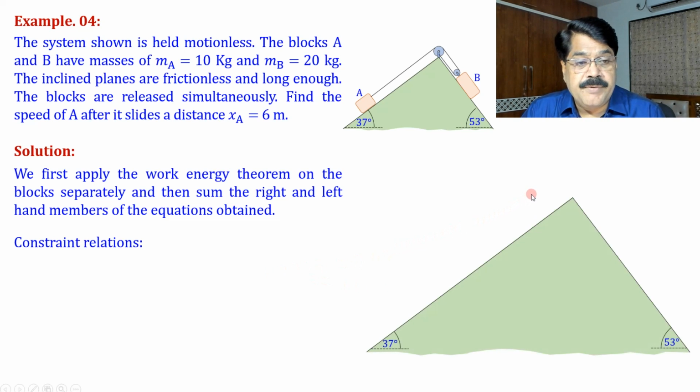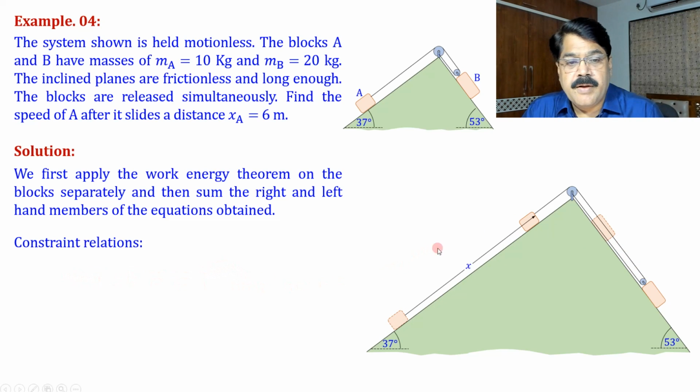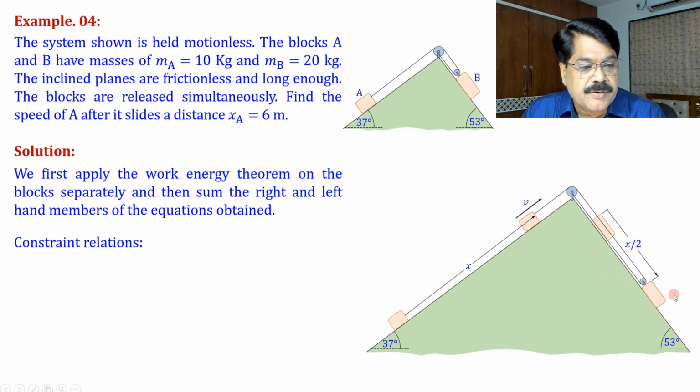To find this, we can see that initially block A was here and block B was here, and finally block A slides this much and block B slides this much. By visual inspection, we can see that block B slides double of what block A slides. So if this is x, it will be x by 2, and if it acquires velocity v, it will acquire velocity v by 2.